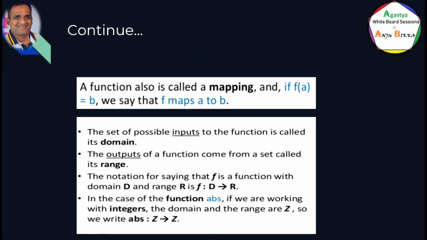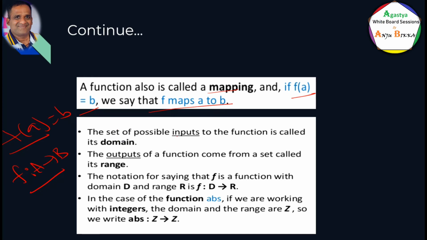A function is also called a mapping, and if f of a equals b, then we also say f maps a to b. There are many ways we can define it.